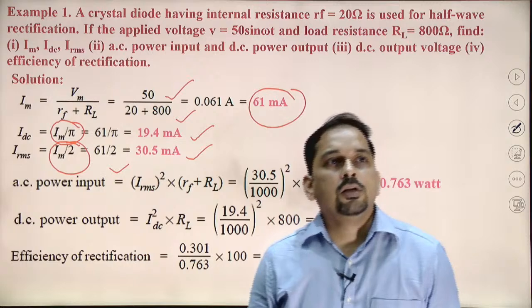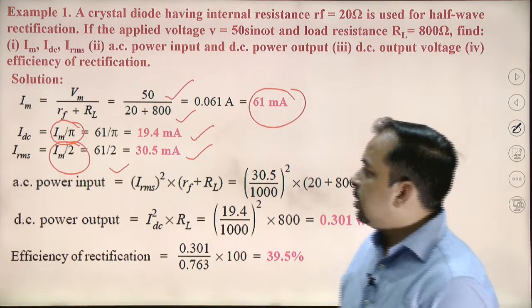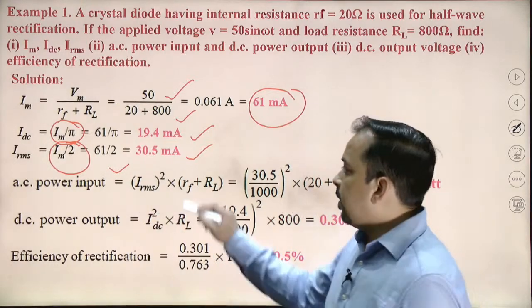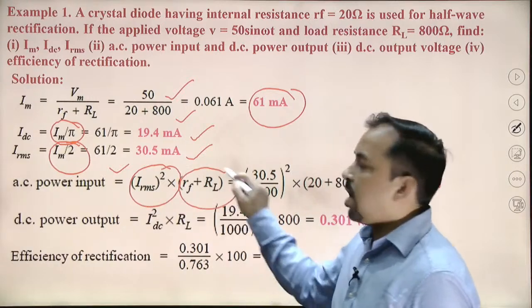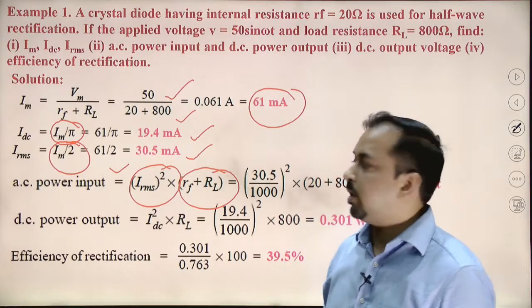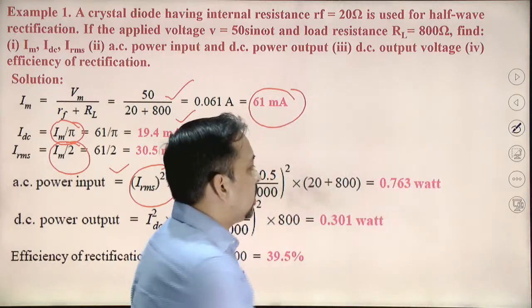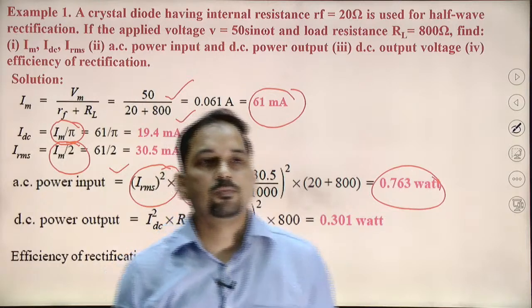Now next is the AC power input. How can we calculate the AC power input? We have already seen that AC power input is nothing but I square R, where I is IRMS and the total resistance is RF plus RL. RF is the internal resistance and RL is the load resistance. So here we can compute the AC input power, which comes out to be 0.763 watts.